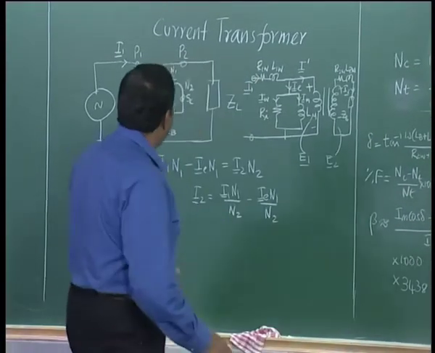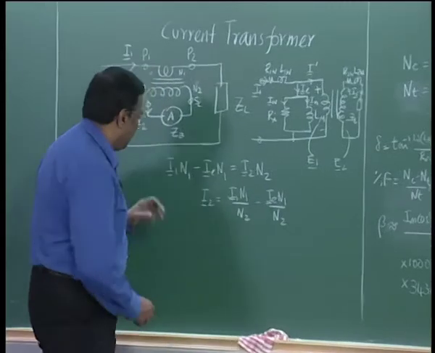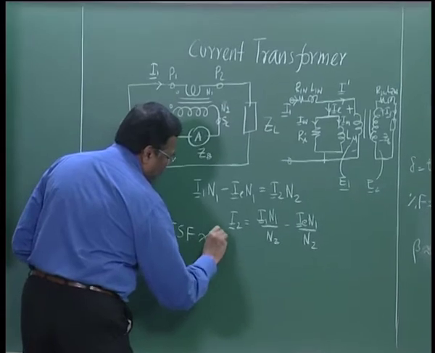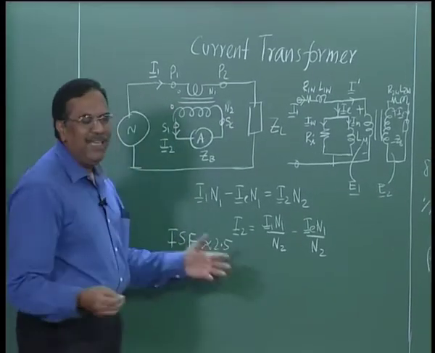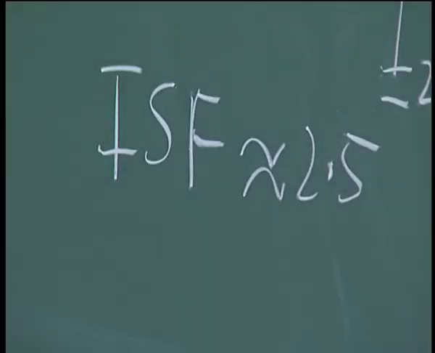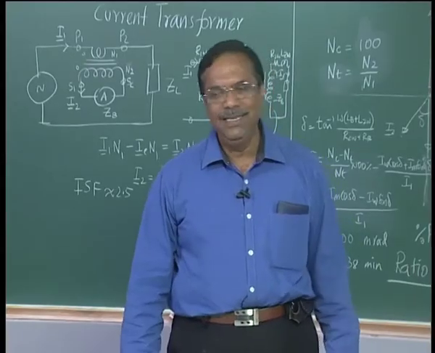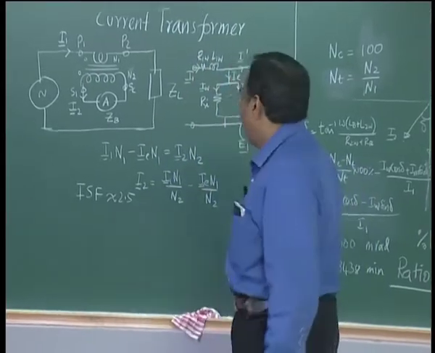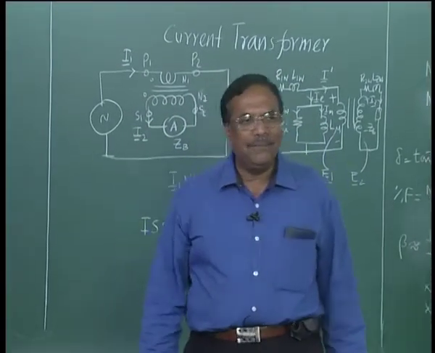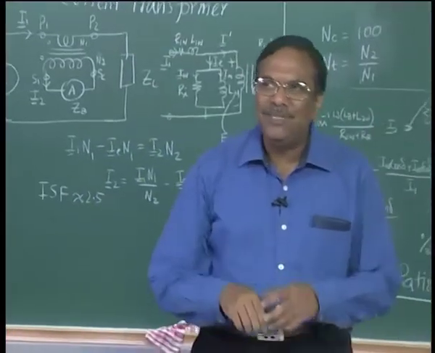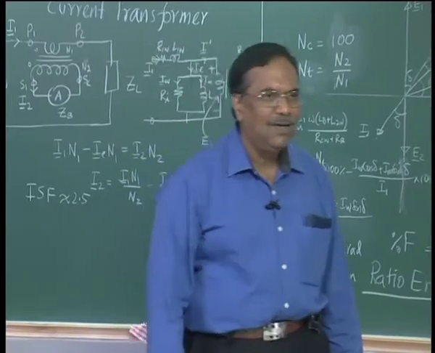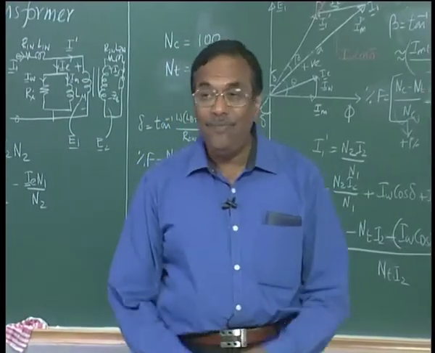So we said that the instrument security factor, we call this ISF. Nominally it is about 2.5. It can vary from 2, 2.5, 3, depending upon the particular user and what kind of protection system is used, right. Now when I have a system like this, I want to measure current not only when the system is operating, but also when a fault occurs.